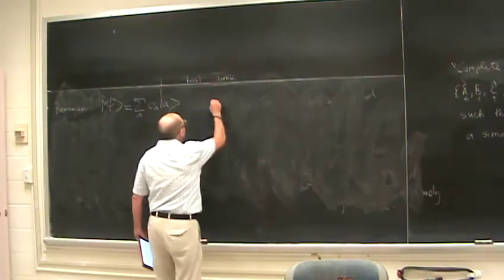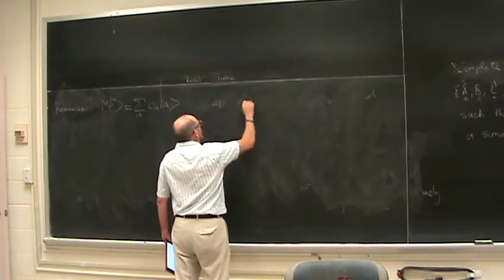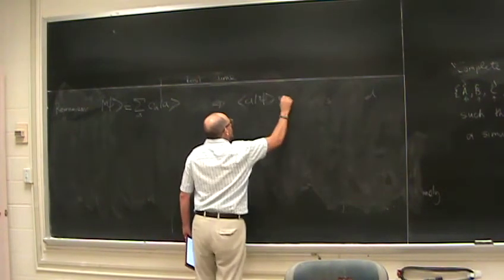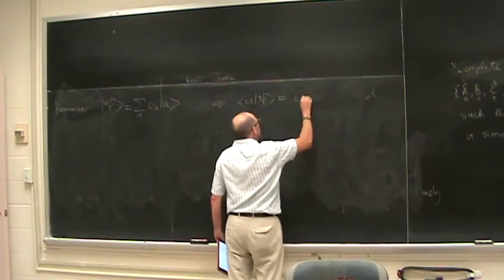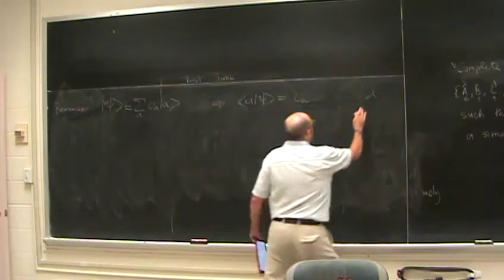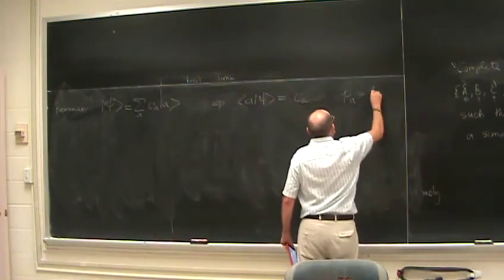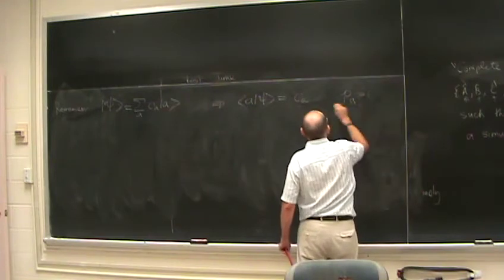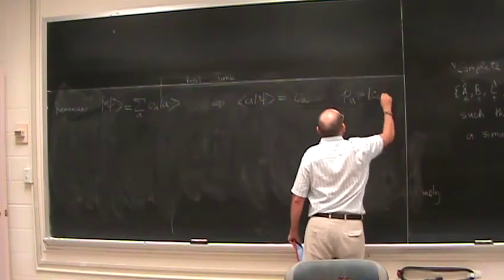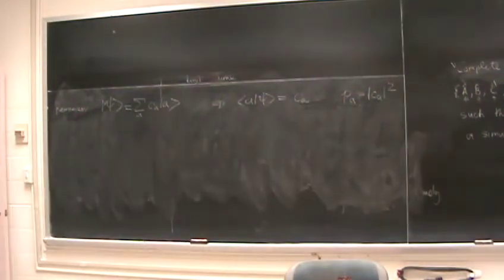So what that tells me is that this projection is just this amplitude. So the probability to see the outcome A is this probability amplitude squared. It's another way of writing the same thing. Right?